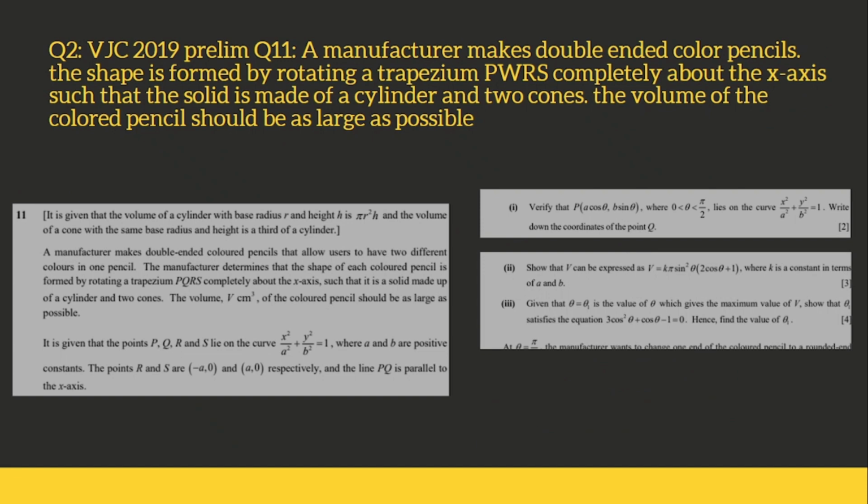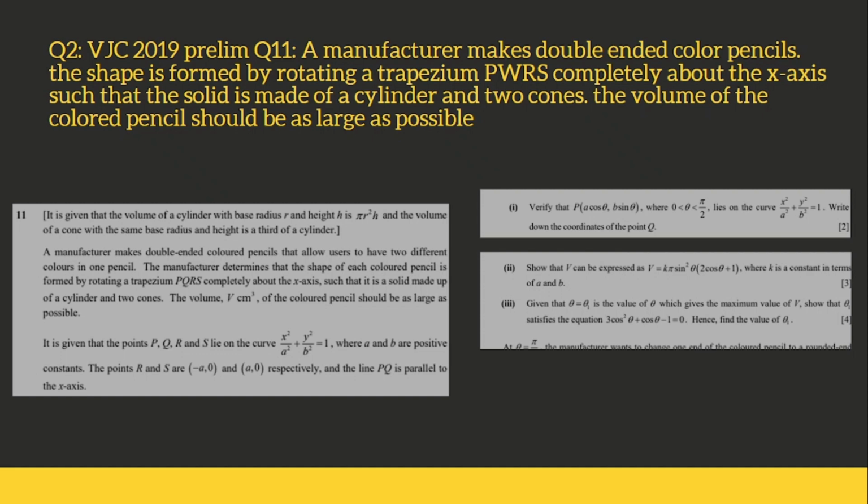Then for the second question, a manufacturer makes double-ended colour pencils. The shape is formed by rotating a trapezium PQRS completely about the x-axis, such that the solid is made of a cylinder and two cones. The volume of the colour pencil should be as large as possible.